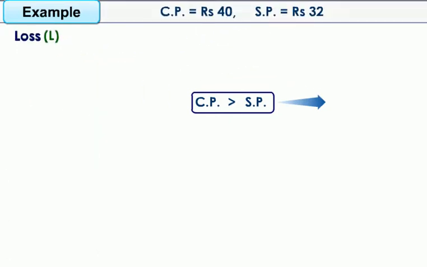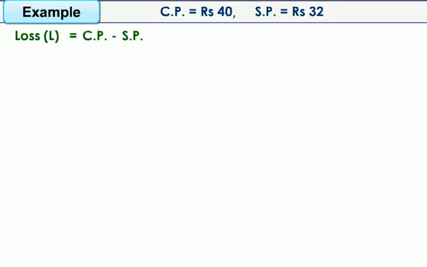Hence, loss is given by cost price minus selling price. For Sushila, loss equals ₹40 minus ₹32. That gives us ₹8.